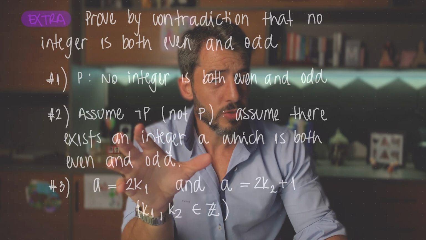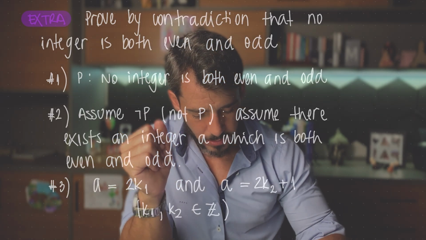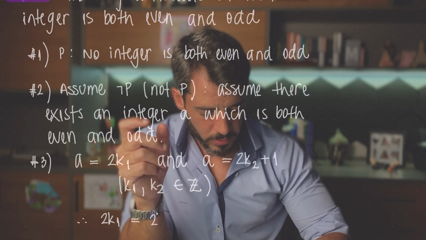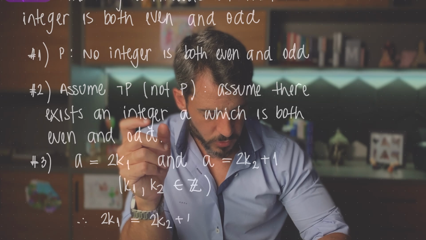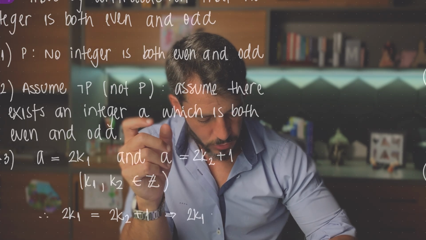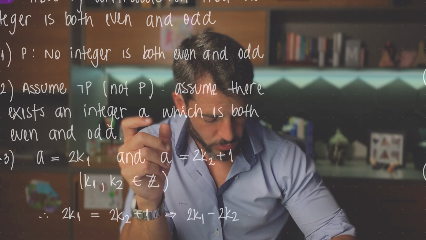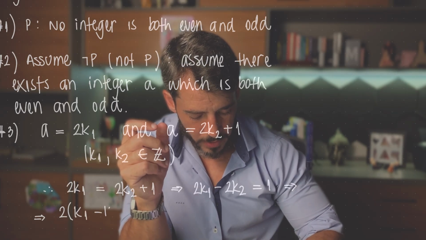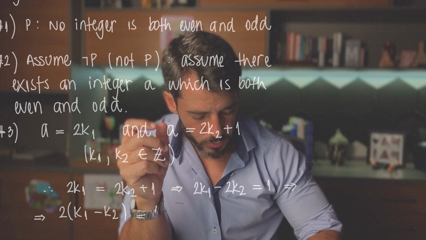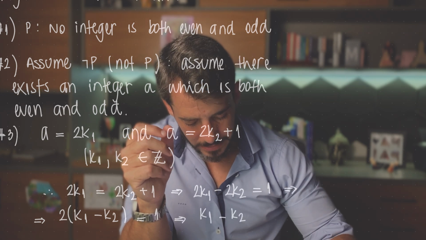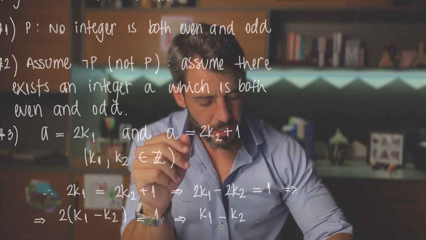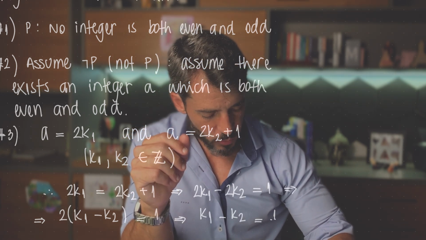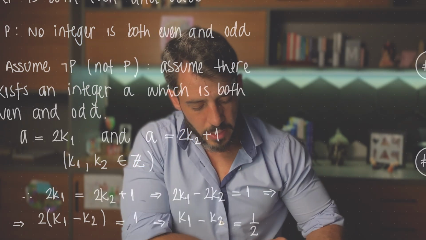Now, given that we're talking about the same number, we can equate 2k1 to 2k2 plus 1, which means that 2k1 minus 2k2 is equal to 1, which also means that 2 times (k1 minus k2) is equal to 1. Therefore, the difference between these two integers k1 and k2 is equal to 1 over 2, which is a contradiction.